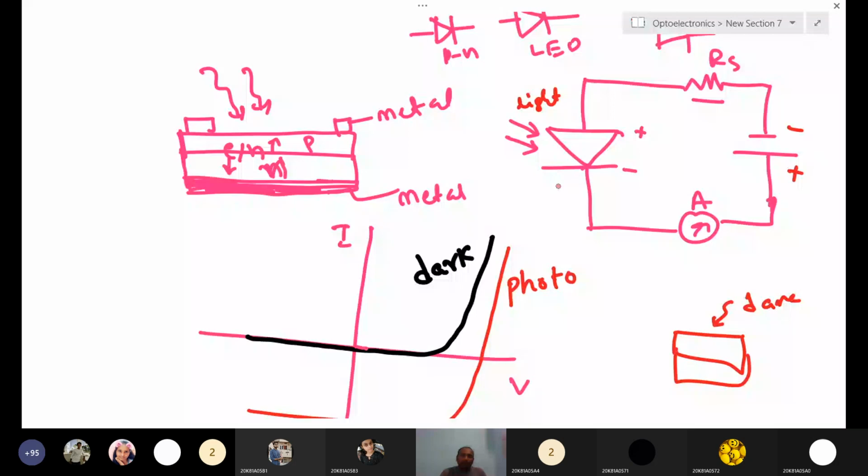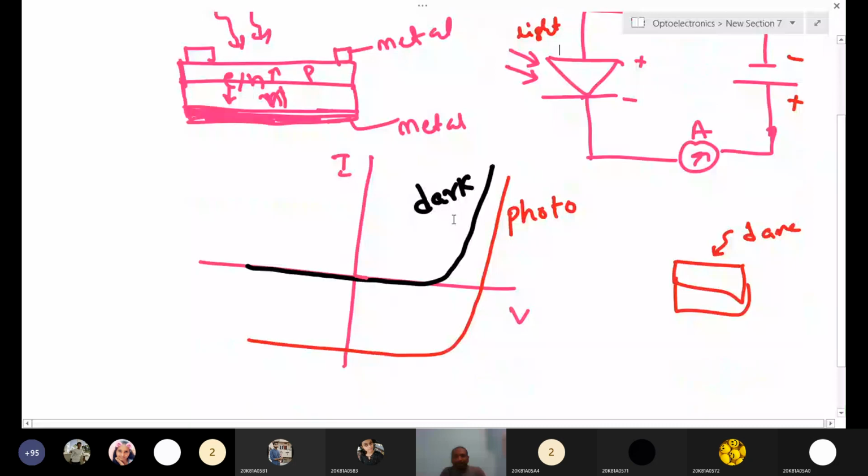Once you shine the light, the current will increase, because electrons and holes are increasing in the device. In the dark case the current is almost zero, but in the photo case there is some current on the negative axis.